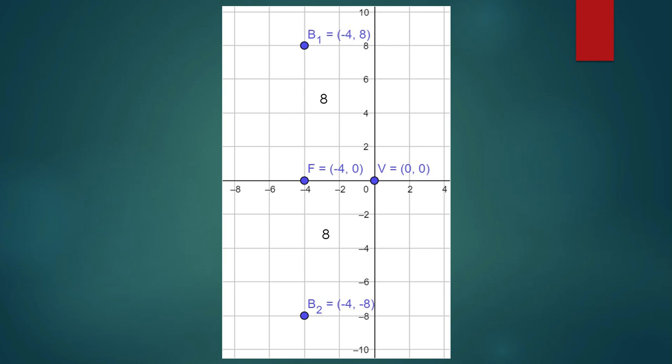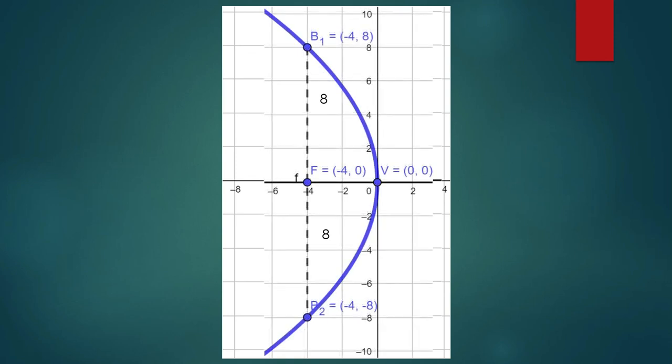The absolute value of 4 times -4 is 16. So from that one to that one, it should be 16. So the length of this is 8. This is another 8. To locate that point, we count 8. 8 up, 8 down. When these 3 points are already available, you can just trace a curve through those 3 points.